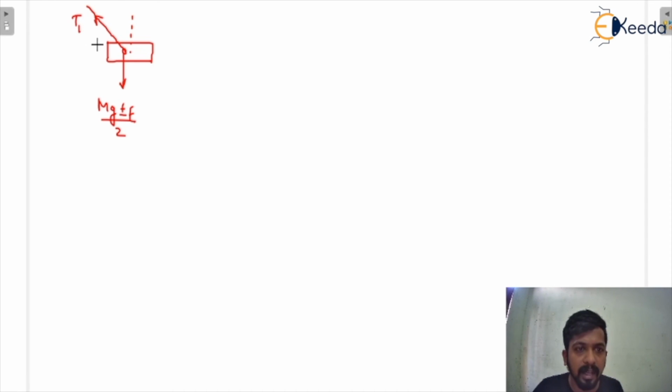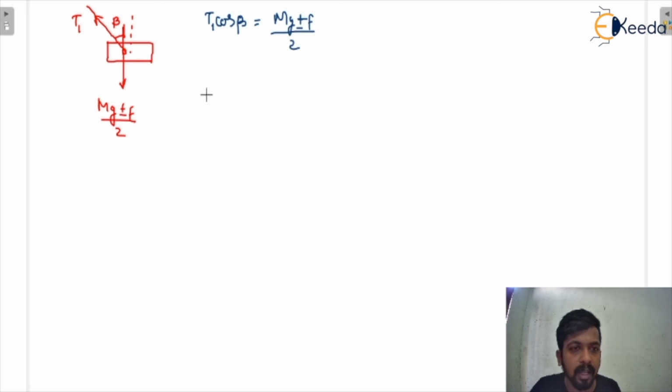We all know that this angle is beta. So we can write T1 cos beta is equal to mg plus minus f by 2. Now we have calculated the T1 value.